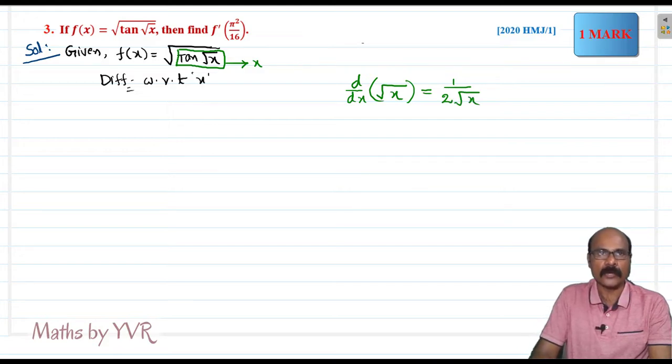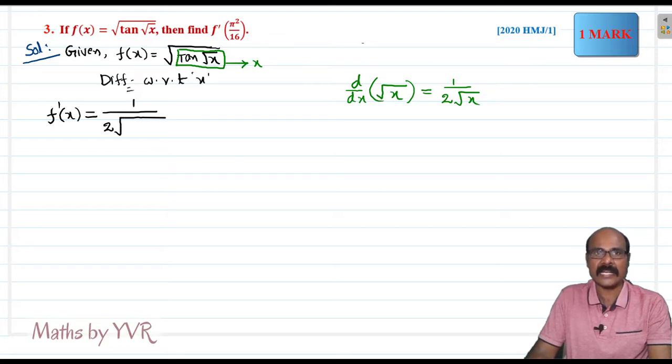The derivative of root x is 1 by 2 root x. So now I am going to write the derivative of this. The derivative of f of x, denoted as f dash x, is equal to the derivative of root x, which is 1 by 2 root x. Here x is tan of root x, because we considered this tan of root x as x.